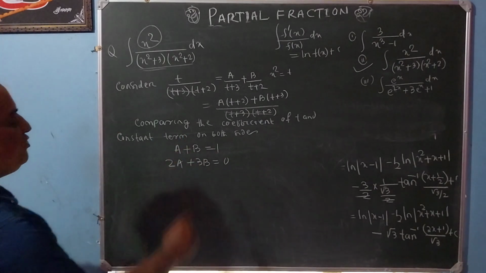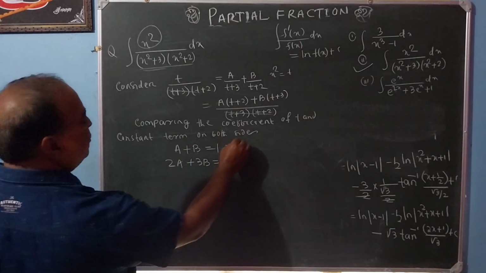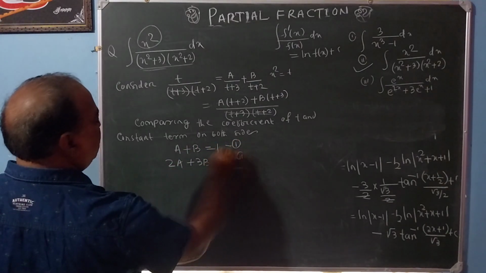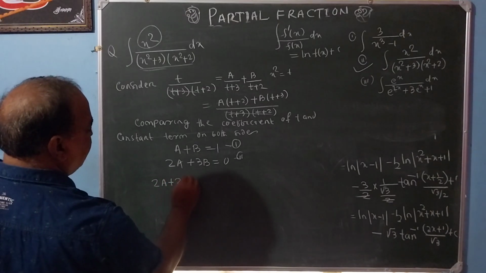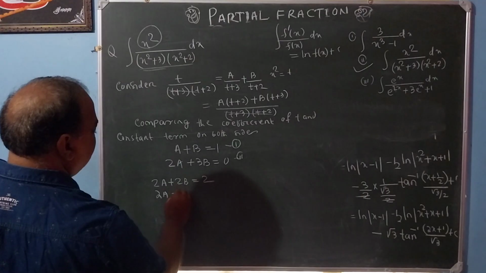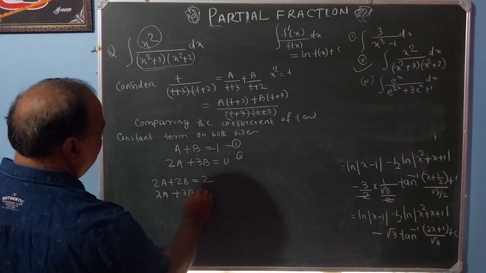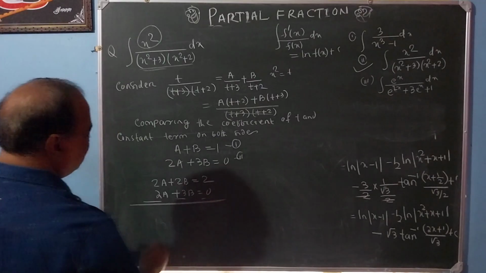So now our aim is to find out the value of a and b. So multiplying 2 in the first equation, 2a plus 2b is equal to 2. Here it is 2a plus 3b is equal to 0. So subtracting, minus, minus, minus.